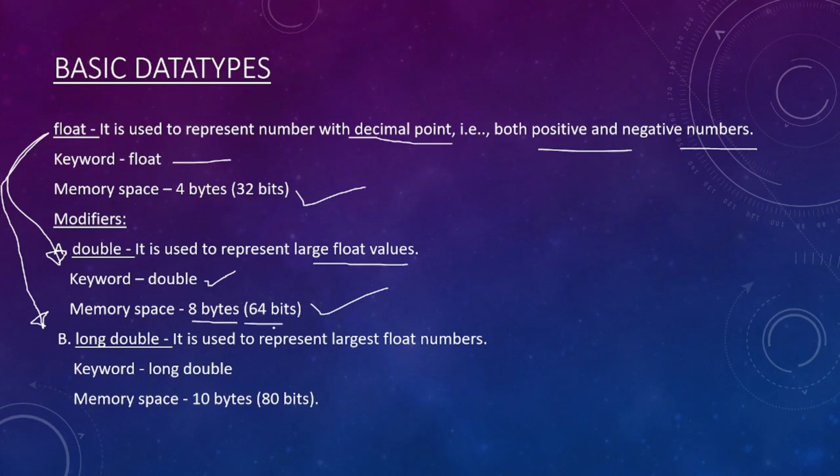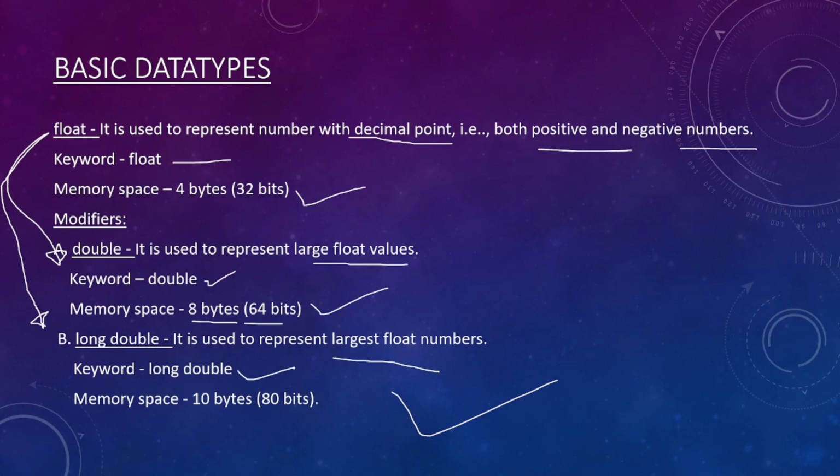If you have very large float values, to be precise, you can always opt for double. If you have even larger values, then you can opt for long double. Even if double is not sufficient for you, you can opt for long double. It is used to represent the largest float numbers.